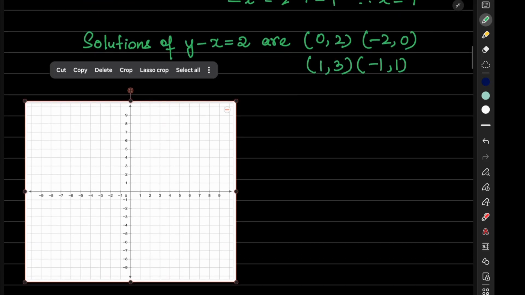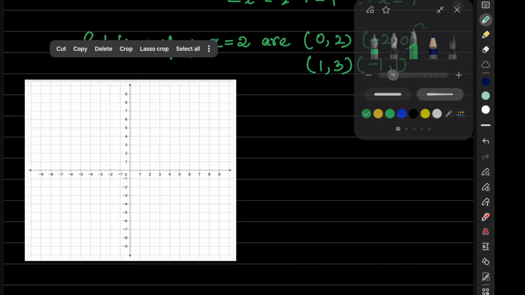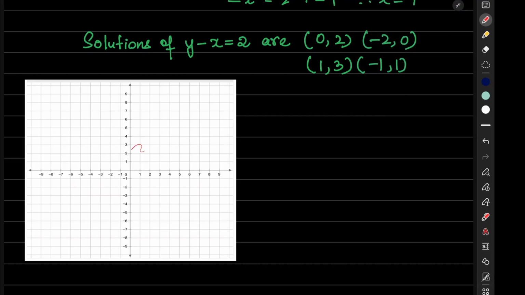The first point is 0, 2. So this is your point. Let me change the color. 0 comma 2 is here. The next point is minus 2.